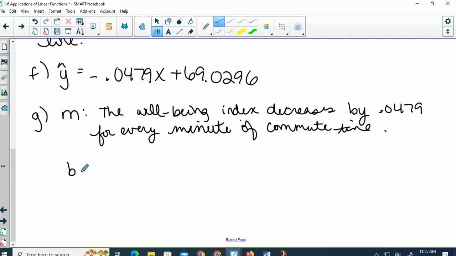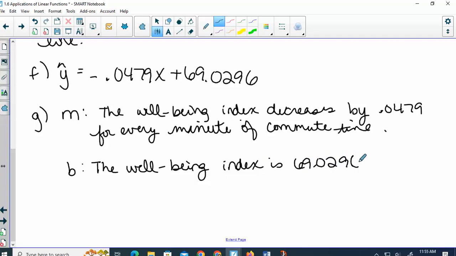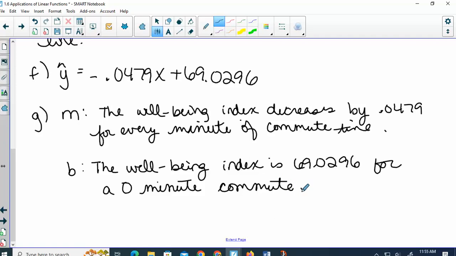The y-intercept, what does that tell me? Y-intercept is when your x is 0, so if you have a 0-minute commute time, that is your well-being index.